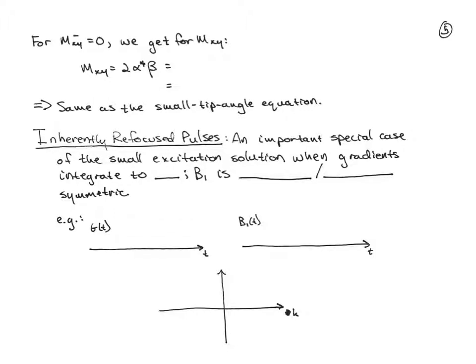Substituting in the expressions we came up with on the previous slide, we get 2 times e to the minus i 2 pi over 2 times r vec dot k vec of minus infinity to t, complex conjugate, since alpha is complex conjugated, times i gamma over 2 times e to the minus i 2 pi over 2 r vec dot k vec of minus infinity to t, and then times the integral from the previous expression for beta.